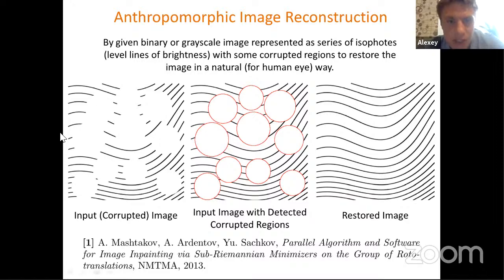But here I present one more application where we use the Sub-Riemannian geodesics in SE2 for anthropomorphic image reconstruction. Here we have a corrupted image, and at the end we recover the missing arcs by Sub-Riemannian geodesics in SE2, and we see quite a good result, natural for the human eye.